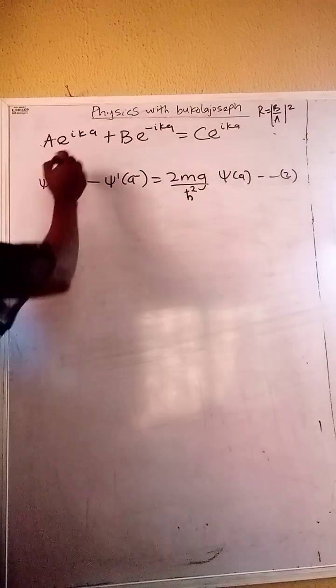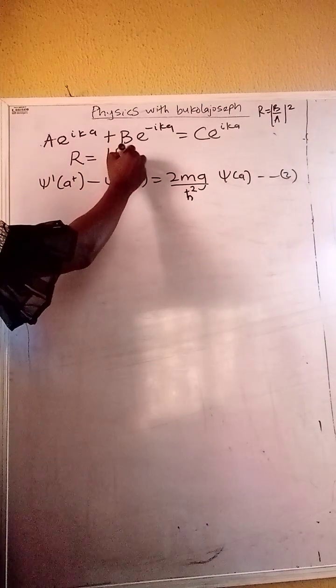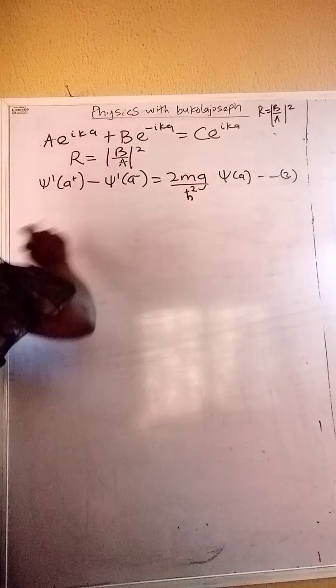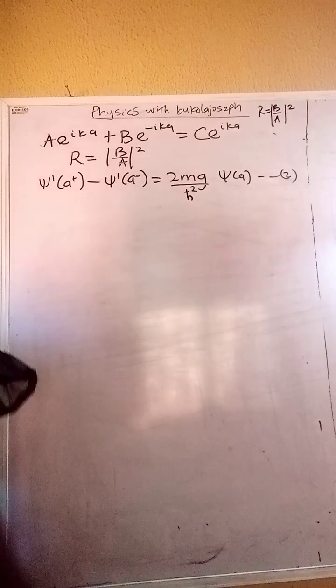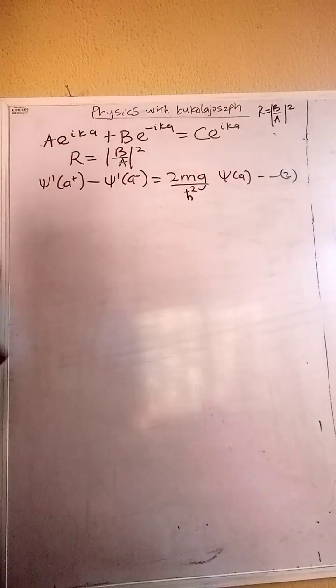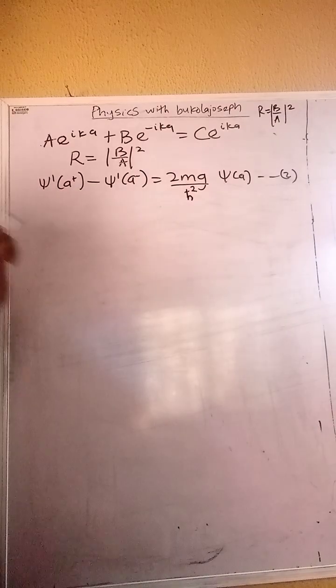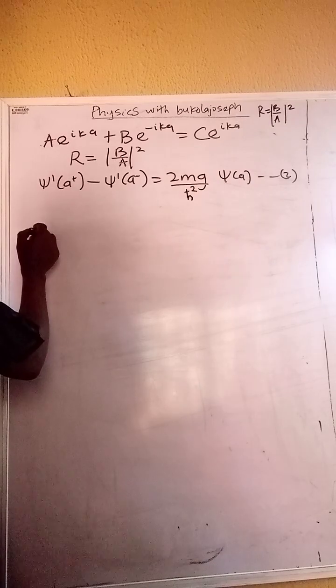Okay, and mind you, we know that R is equal to B over A squared. We are looking for this constant. That's the essence of what we're doing right now, to find the constants B and A. So we know that this A plus is for region 2, and I said that region 2 is simply this, C exponential iKa.